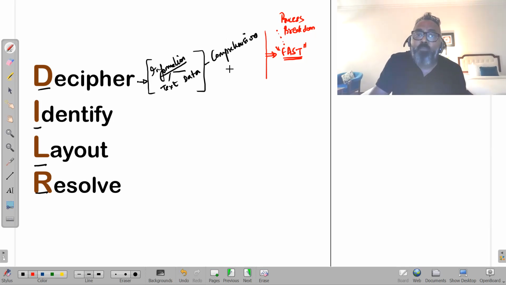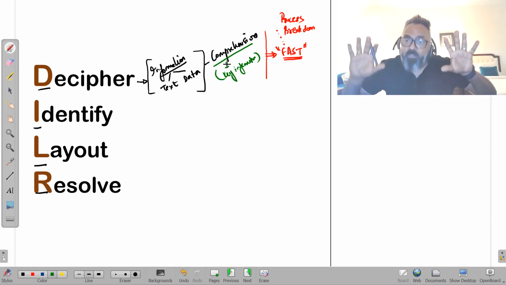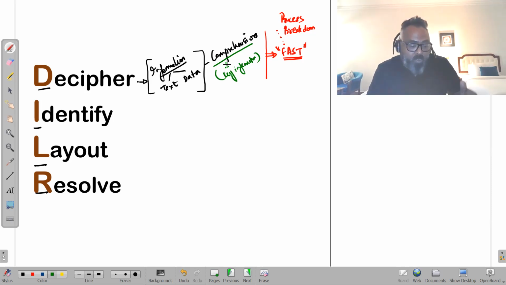In fact, there might be some key information where you would want to read a couple of sentences twice just to understand it. So the first step is decipher. Now, the last DILR set that you solved, or maybe the last mock that you solved, look at this stage of deciphering.